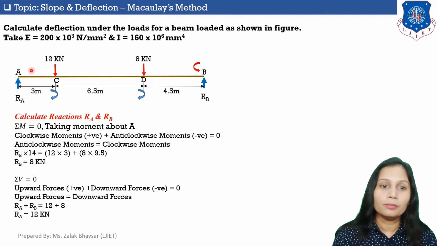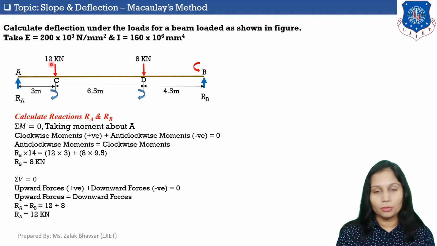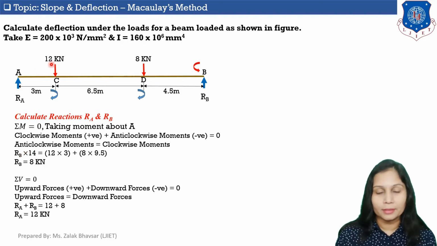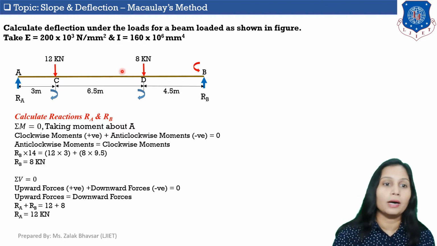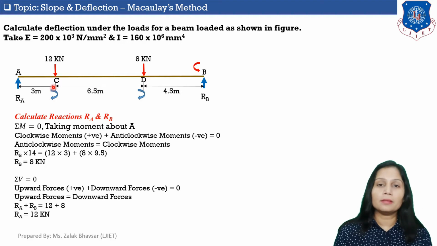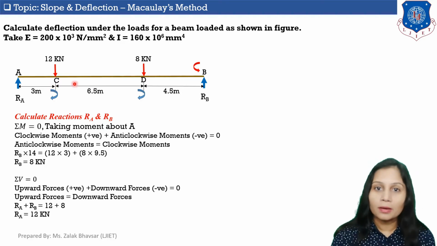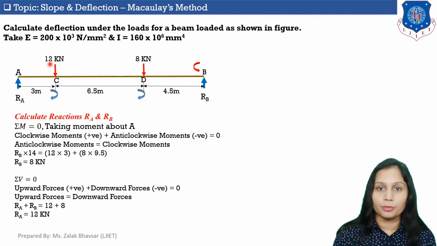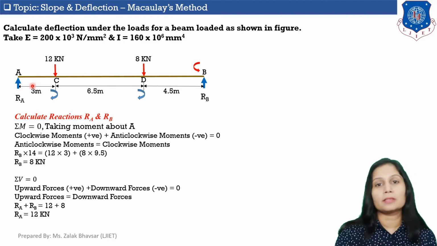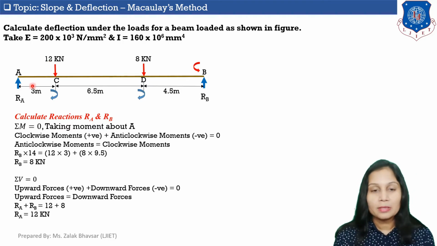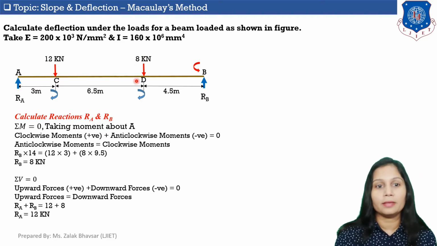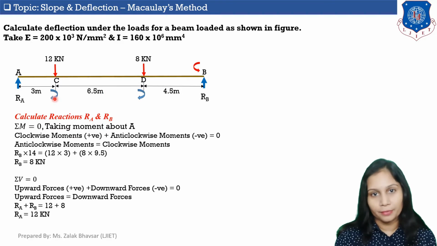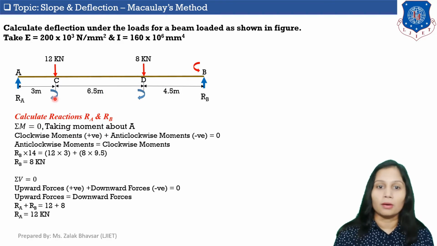Now, this 12 kilonewton load is acting in a downward direction, and if I take moment of this 12 kilonewton load about point A, then the moment generated will be clockwise, which is equal to 12 load into distance. Distance is 3. Similarly, moment of this 8 kilonewton load about point A will be 8 into 9.5, which is again clockwise.